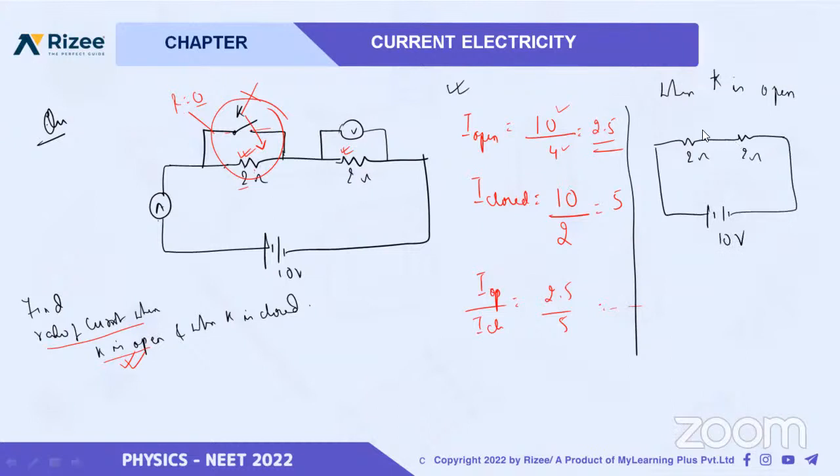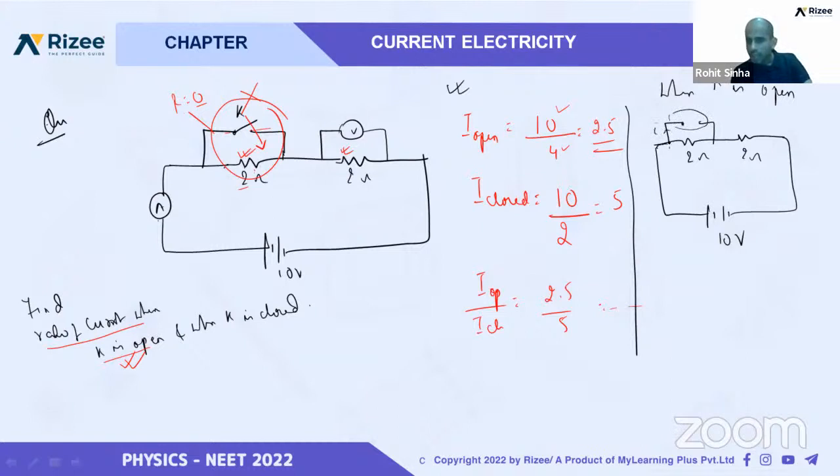Now when K is open, it means this branch is useless because K is open, so current will not flow through it.